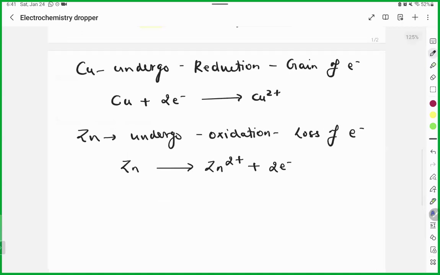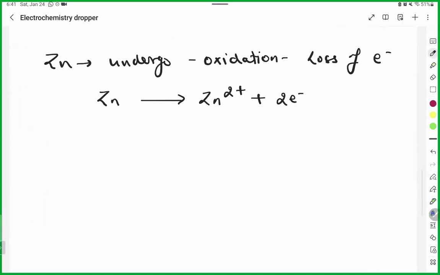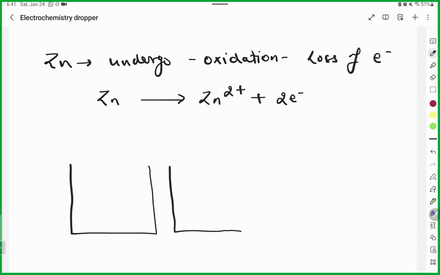Okay. Anybody have a doubt? If you don't have any doubt, how will you design this electrochemical cell? You will take two beakers. In each beaker, you will have a rod. Two rods means two metal rods.